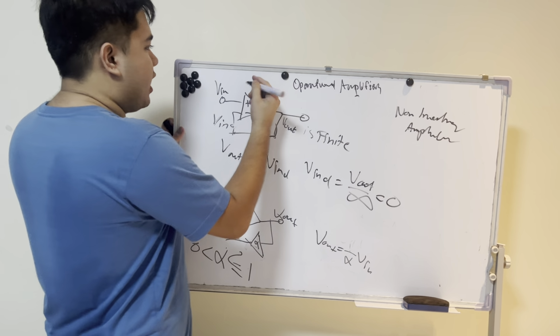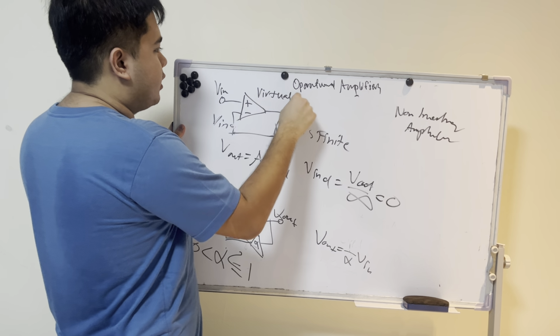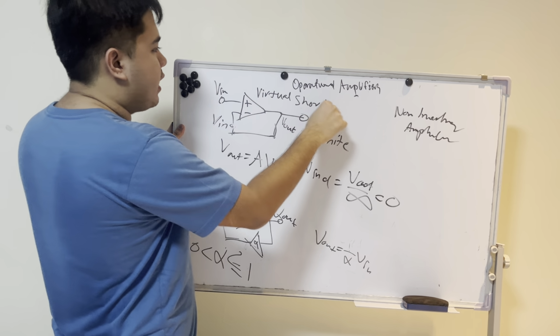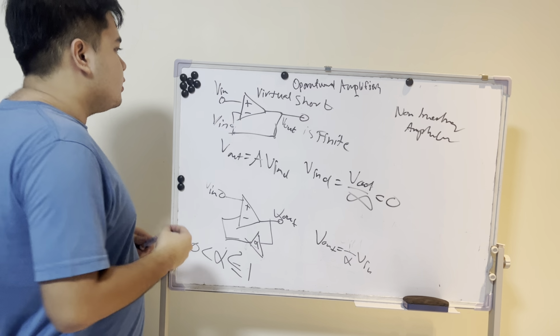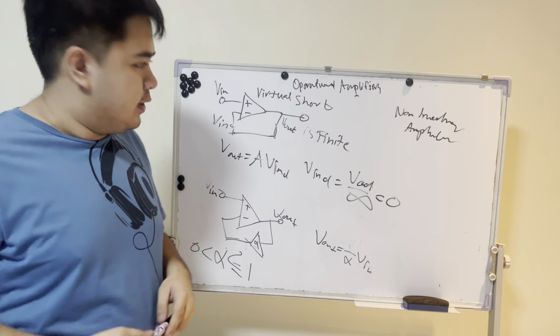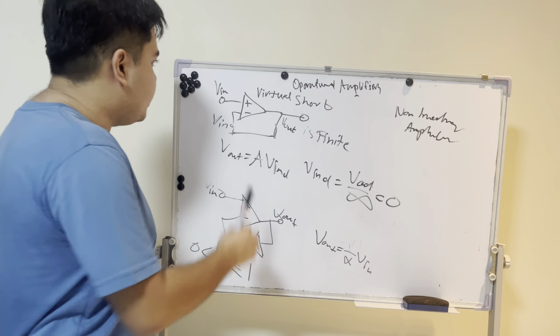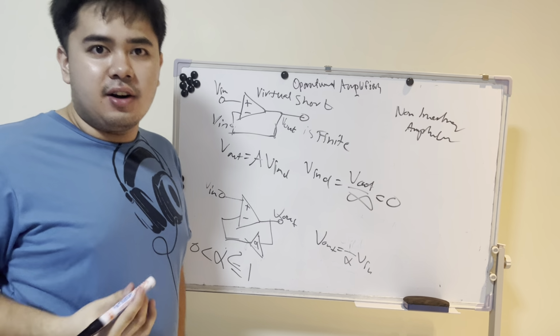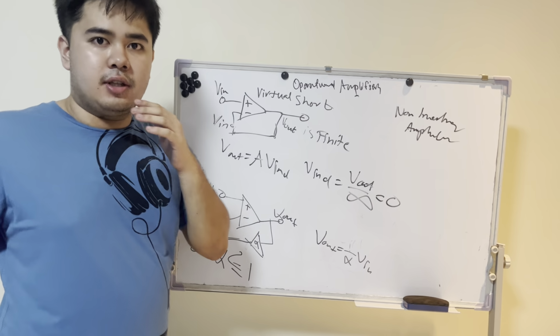This is what's known as a virtual short. Why? Because this looks like a short, because they have the same voltage. That is usually a short circuit. But remember, it has an infinite input impedance, meaning that it is not connected at all. That's why it's a virtual short. It's not connected, but it looks like a short.